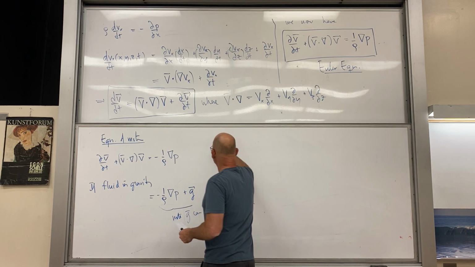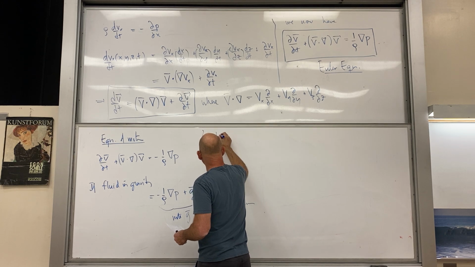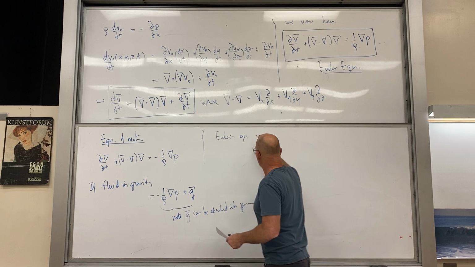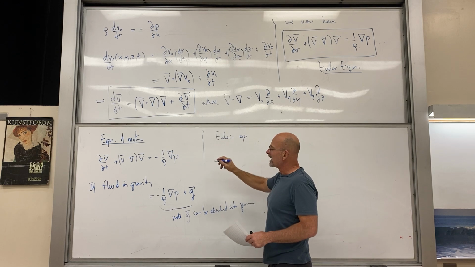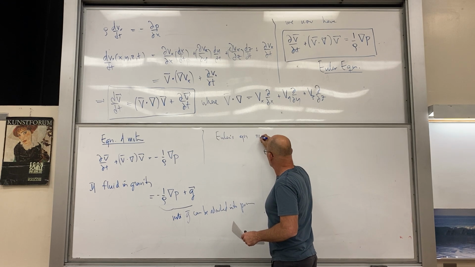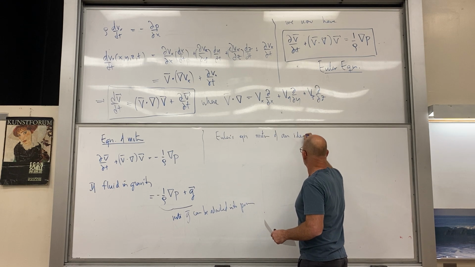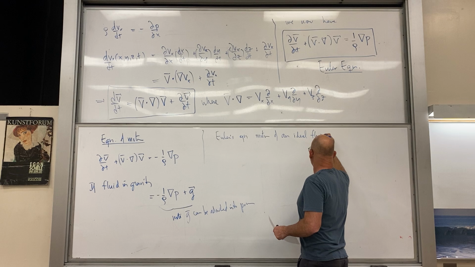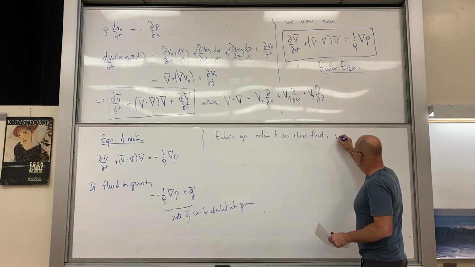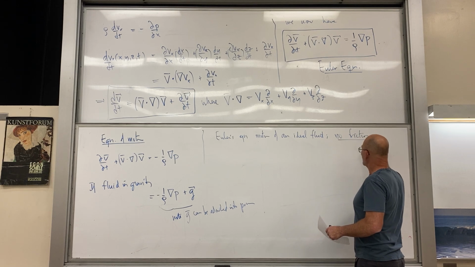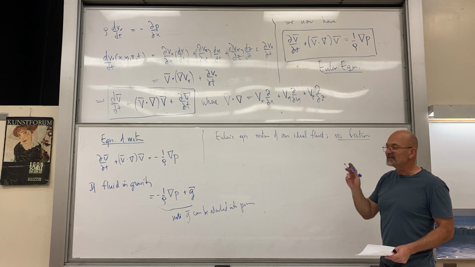Okay, so this is Euler's equation. It's for the motion of an ideal fluid, which is to say no friction, no internal friction, no dissipation.